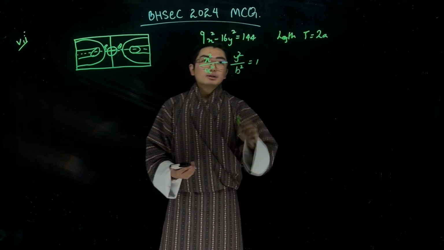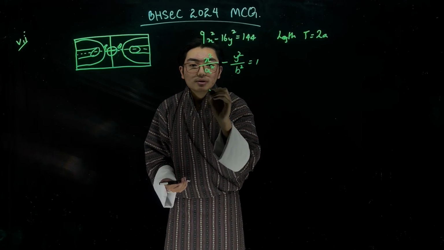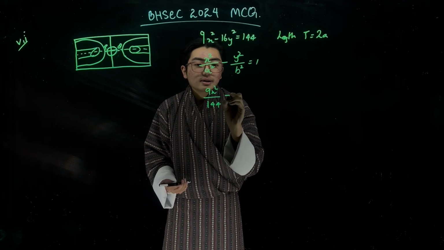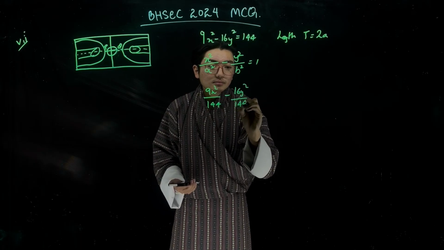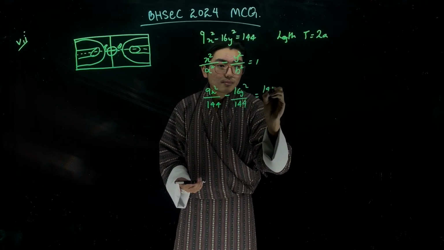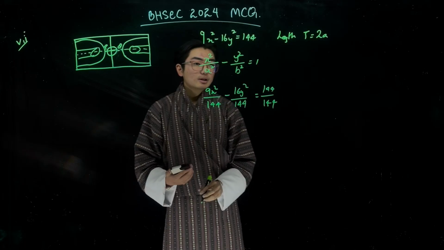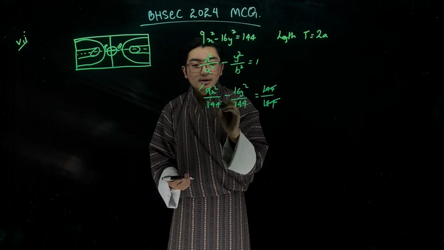So to make it in this form, let's divide both sides by 144. So 9x squared over 144 minus 16y squared over 144 equals 144 by 144. Now let's cancel it out. So these two get cancelled.